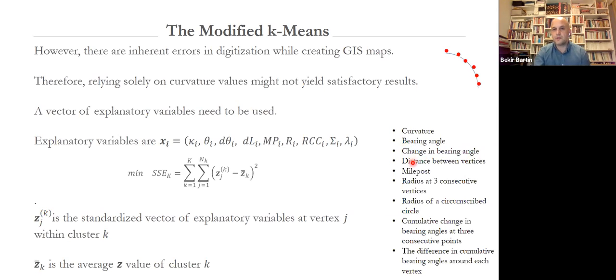The change in bearing angle, the distance between vertices, how tightly packed they are together, the milepost, the radius at 3 consecutive vertices, the radius of a circumscribed circle, changing cumulative angles, and so on and so forth. And obviously they are all in different scales. So I put all of these in one vector and I standardize them to make them in the same range. So Z, in this case, is the standardized explanatory vector for any given vertex.